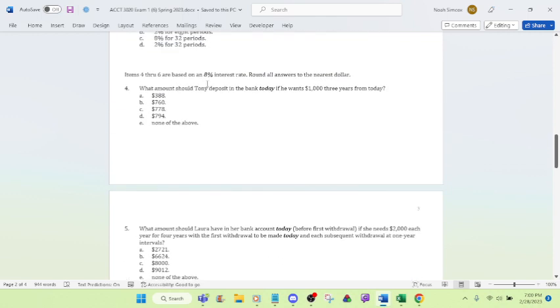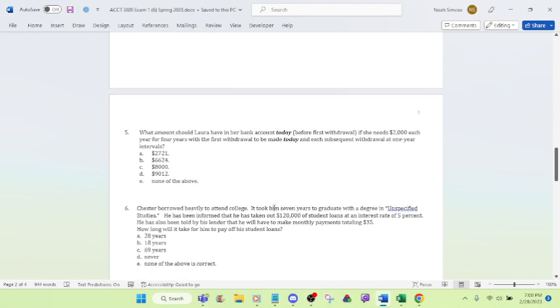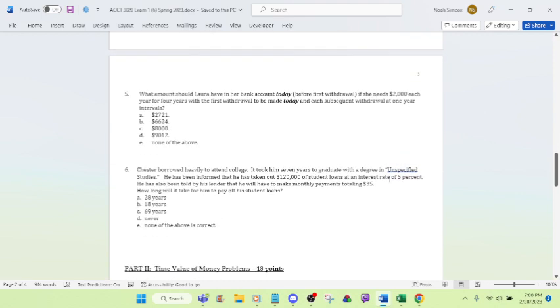Oh, come on. Why does it say 4 through 6 have an 8% interest rate, and then it says there's a 5% interest rate here? What the heck?